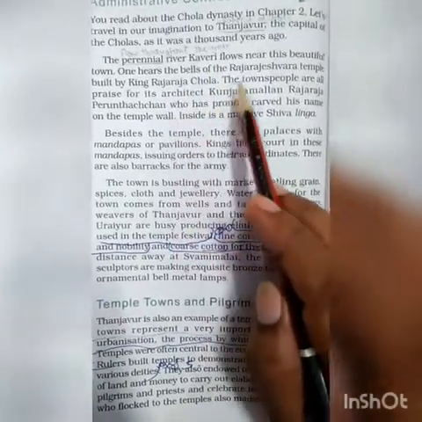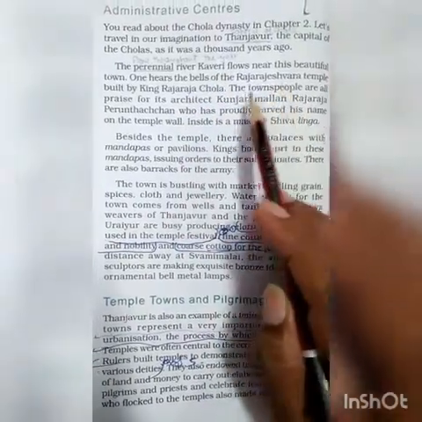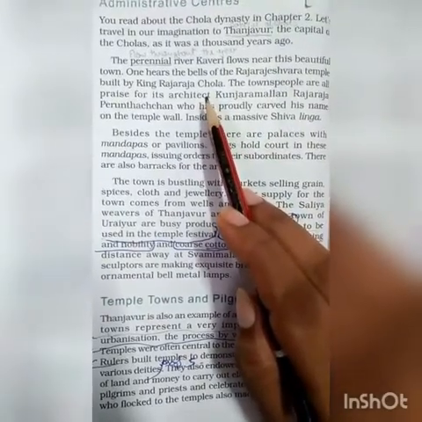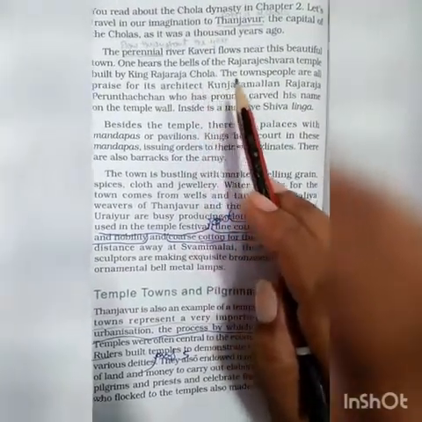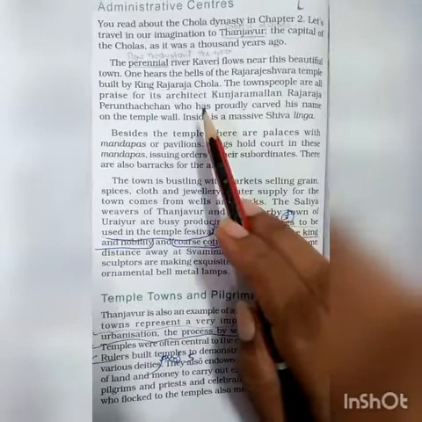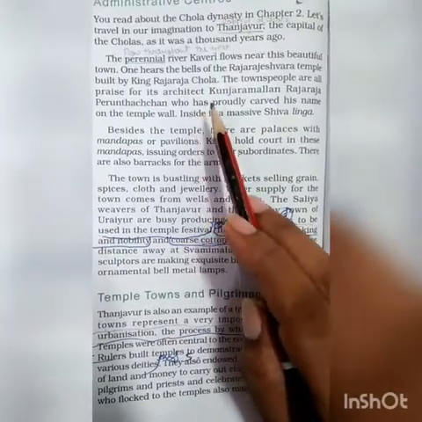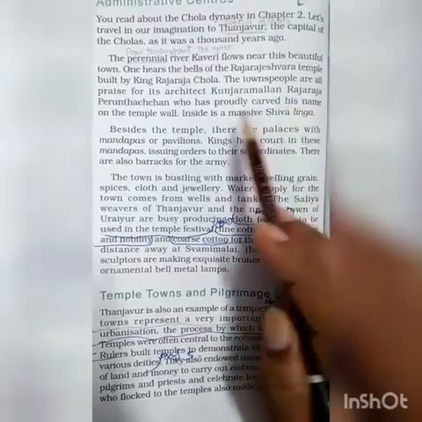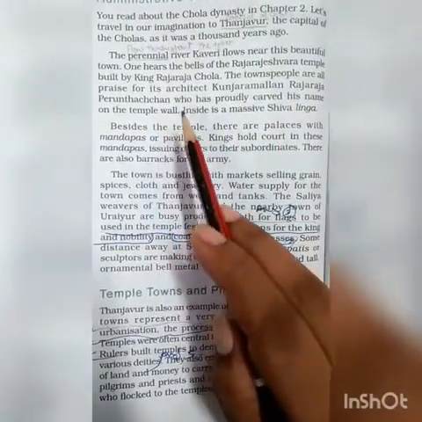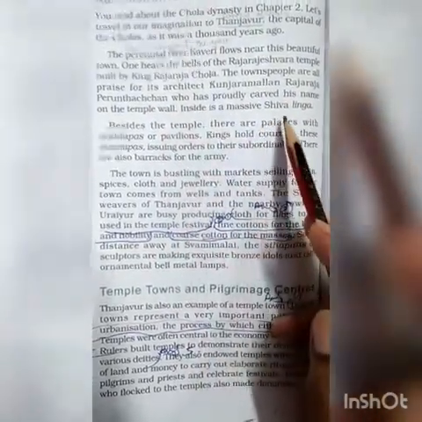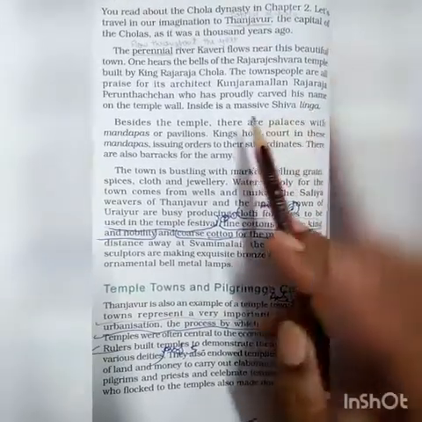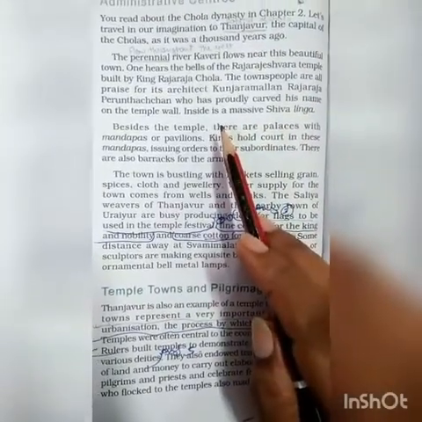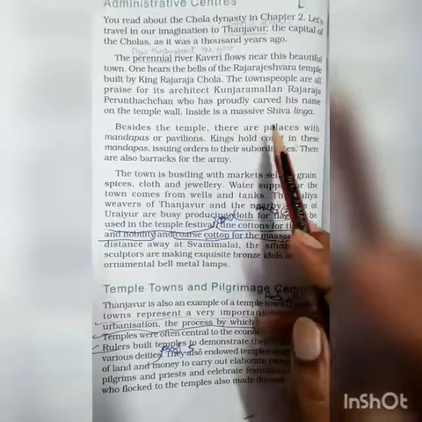One can hear the bells of the Raja Rajeshwaram temple built by King Raja Raja Chola. The people all praised its architect, Kunjaramallan Raja Raja Perunthachan, who proudly carved his name on the temple wall. Inside is a massive Shiva Linga.